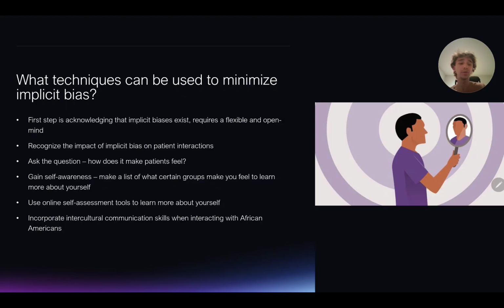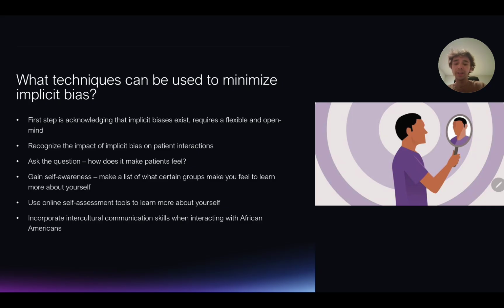And we can also use other tools like online self-assessments to learn more about ourselves and learn about what words we associate with different groups of people. Because those mental connections happen in less than 1 second, subconsciously once again.